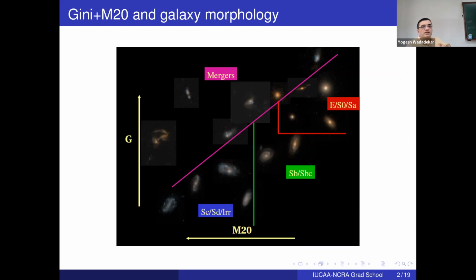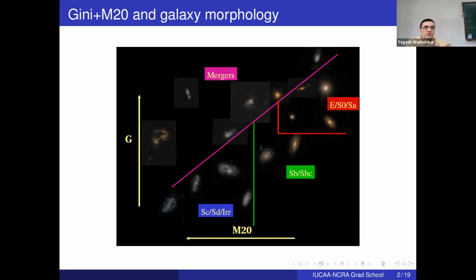So what you have here is the M20 parameter on the x-axis, but increasing towards the left, and the Gini parameter on the y-axis, increasing towards the top. And if you take local galaxies and measure their Gini and M20 parameters and place them in this plot, then they actually nicely partition like is shown in the figure.